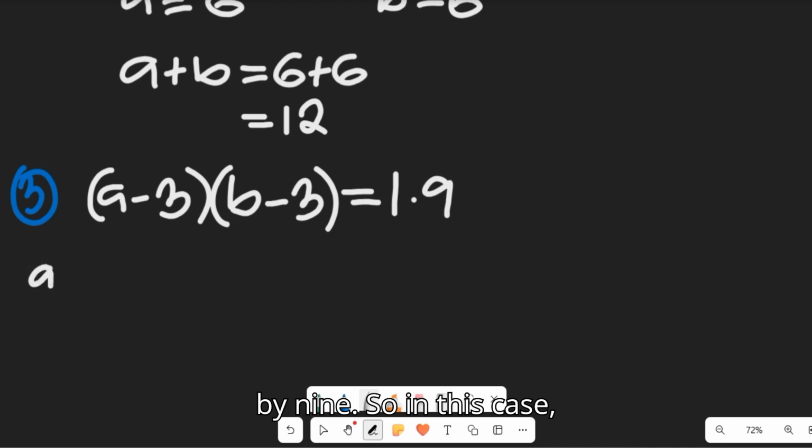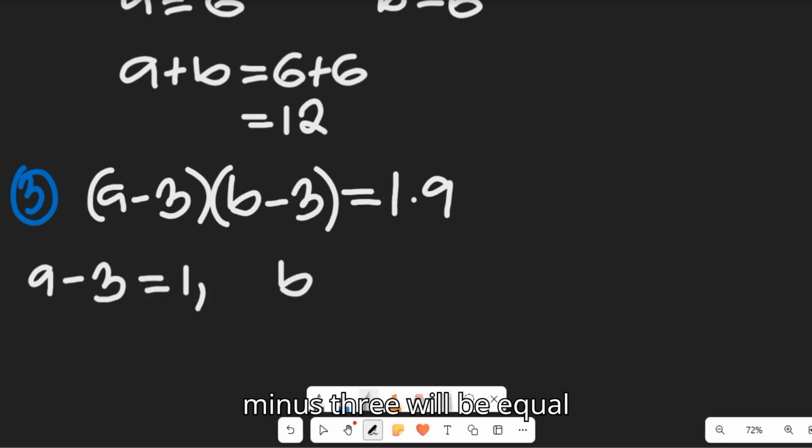So in this case, a minus 3 will be equal to 1, and then b minus 3 will be equal to 9.